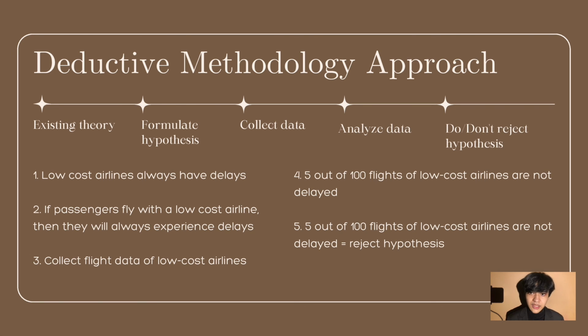His hypothesis says that if passengers fly with a low-cost airline, they will always experience delays, but the analyzed data says otherwise. It says 5 out of 100 flights of low-cost airlines are not delayed, which means that not all low-cost airlines experience delays. So this rejects his hypothesis.